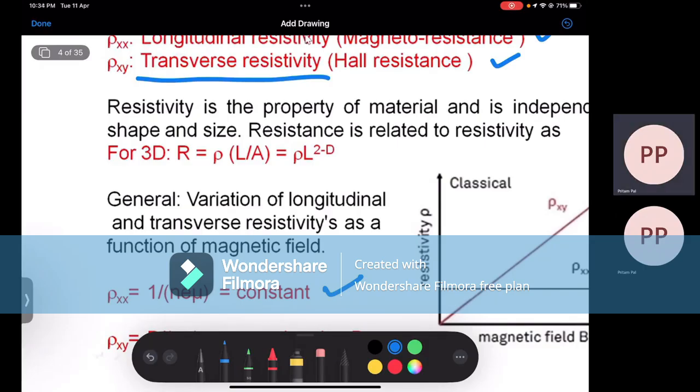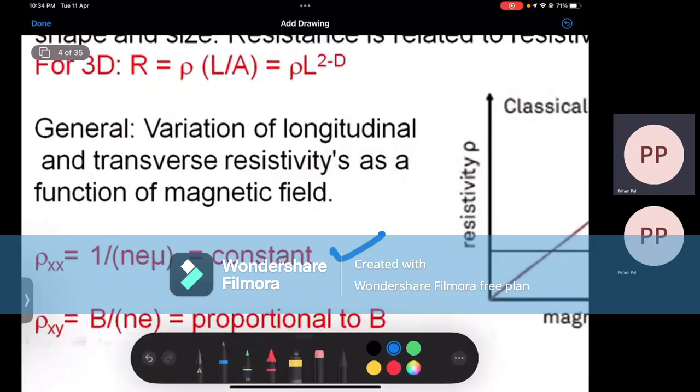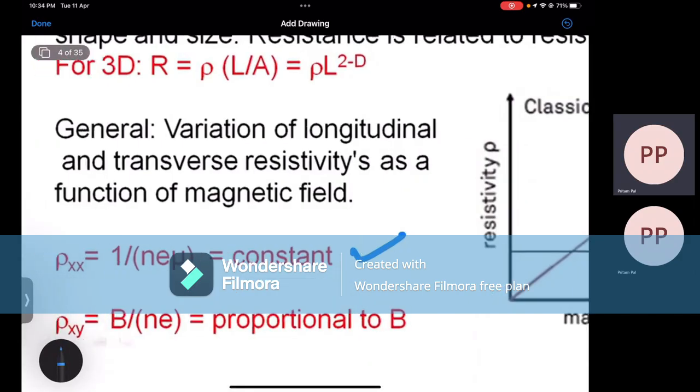So this is independent of the magnetic field. This is independent of the B. So this is almost fixed. Of course it is pressure dependent, but here we are looking at the field dependence of resistivity. So this is the transverse one, which you can see is proportional to B, right?